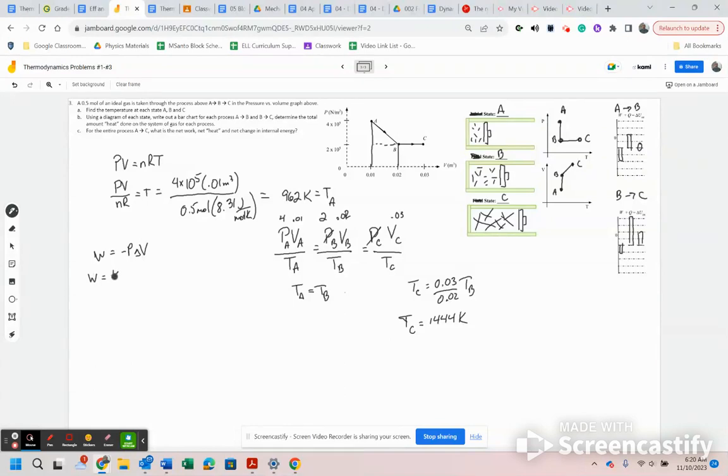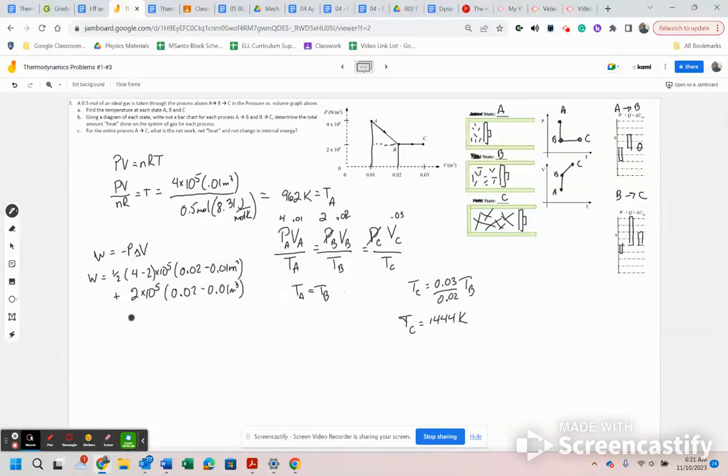The area of the triangle is going to be 4 minus 2 times 10 to the 5th, our change in pressure, multiplied by the base of that triangle, which is 0.01 meters cubed. We're going to add to that the pressure from the rectangle at the bottom, times the change in volume, 0.02 minus 0.01 meters cubed.